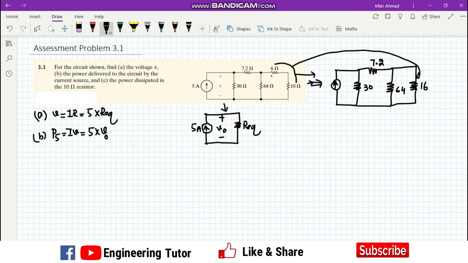I'm not using the omega sign here because it is understood that these are in ohms. Now the 64 and 16 are in parallel, so we have to convert them into the format which will be like this one.